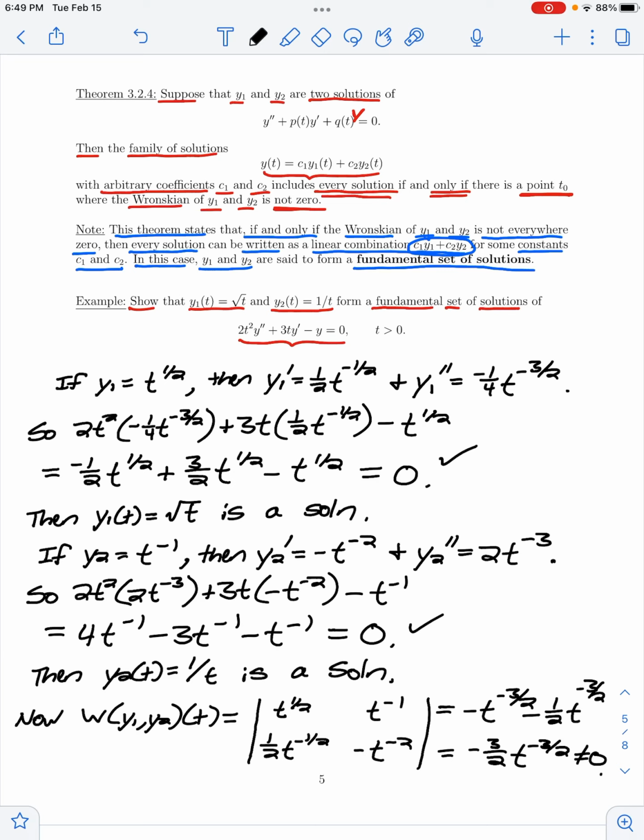So since we have shown that these two functions are solutions and their Wronskian is not 0, we can state that y1 and y2 form a fundamental set of solutions.